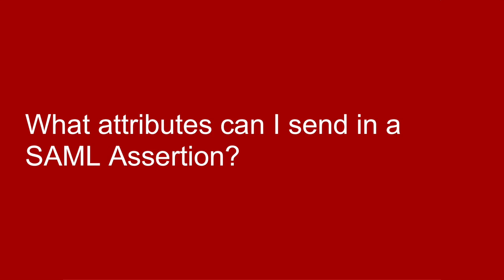Now, the next question is, what attributes can I send in a SAML assertion? You can pretty much send any SAML attributes in a SAML assertion. SAML attributes are configured in the Advanced Script tab of a SAML application. Use the set attribute or set attributes array method to set the attribute names and the values.